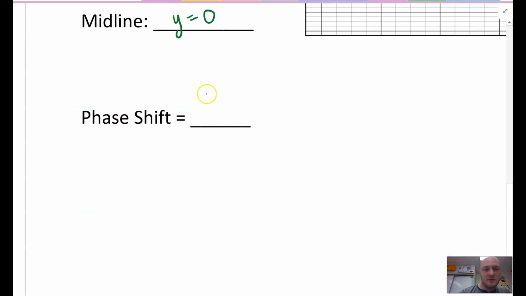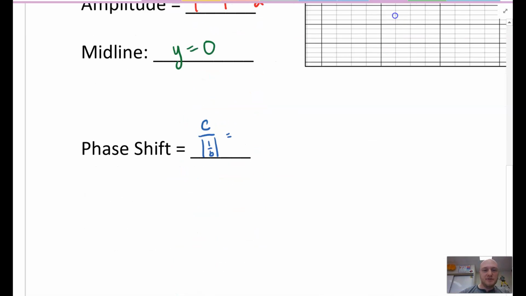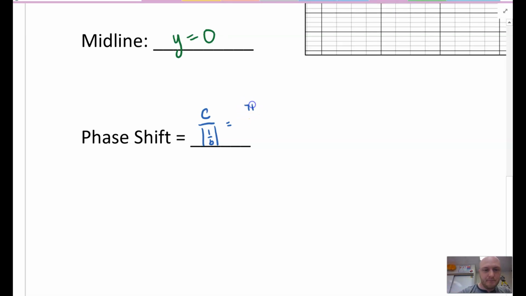All right, I'm just going to write this first. So c divided by the absolute value of 1 over b. Our c value is pi fourths, divided by the absolute value of our 1 over b, and our 1 over b value was 1/2.